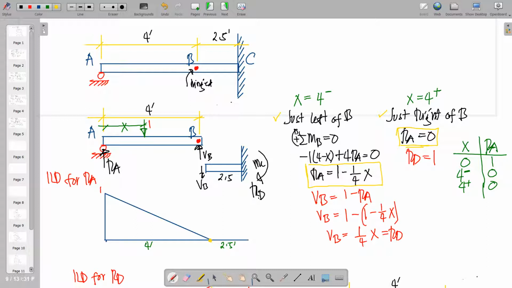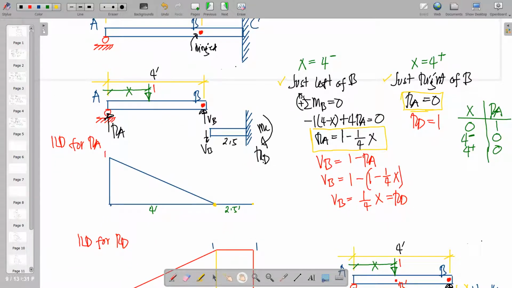Again, the 1 starts to abandon the beam AB at a distance greater than 4. That is why RA will be consistently equal to 0 from this point up to the end of your beam.